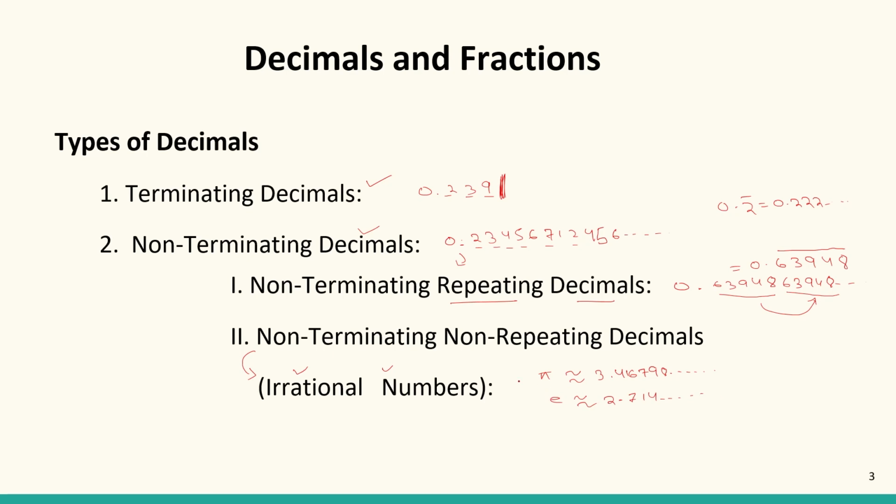These two are irrational numbers, and these are non-terminating, non-repeating decimals. That is, we can't find a pattern down here. If we could find a pattern, then we could put it in non-terminating repeating decimals.